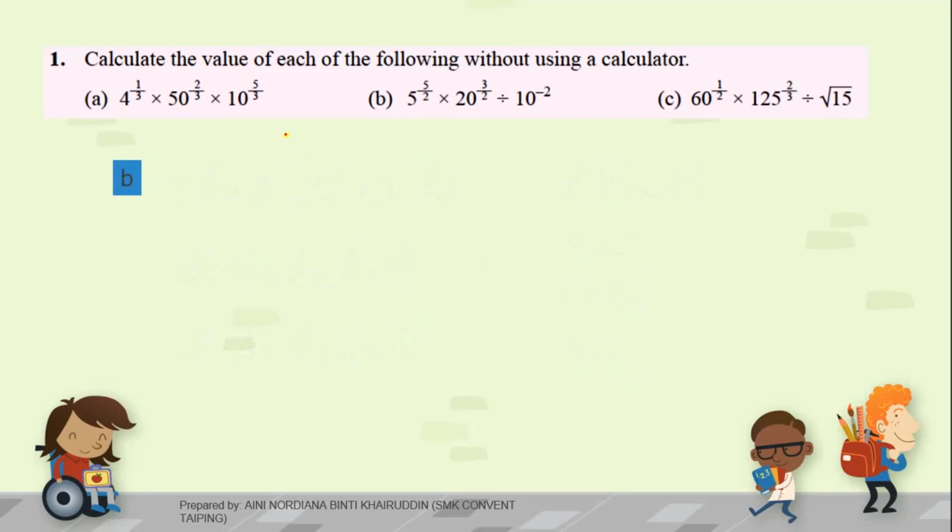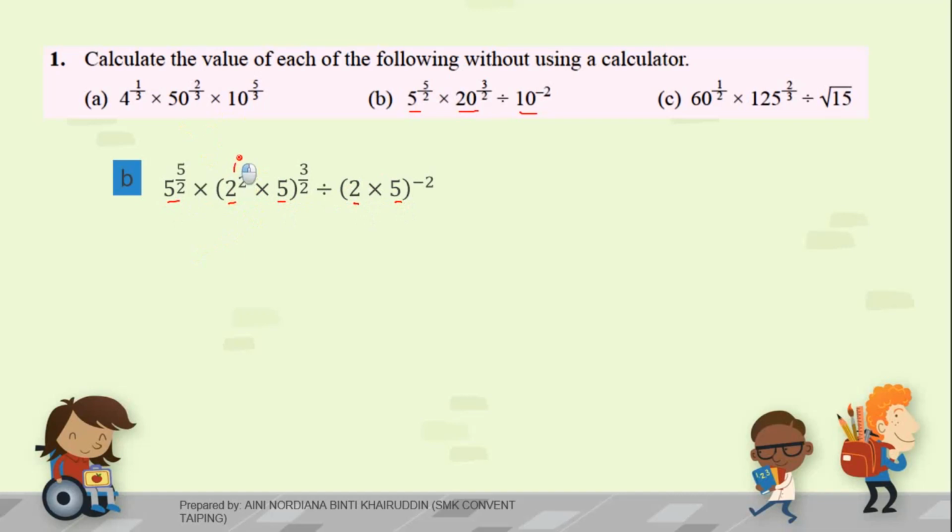For question B, you have 5, 20, and 10 here. So 20, I change to 2 square times 5, and 10 to 2 times 5. So that will get base 5 and base 2. So do the same thing as the previous question.